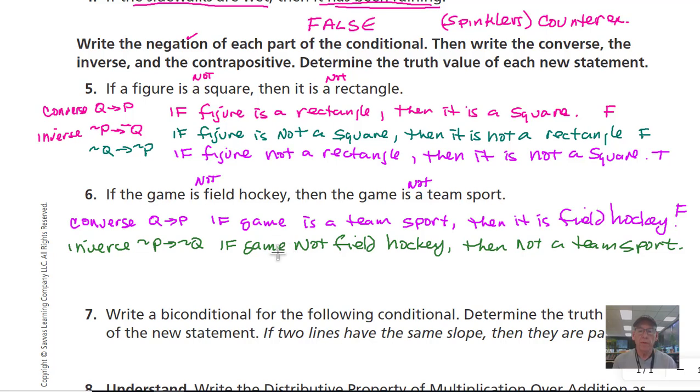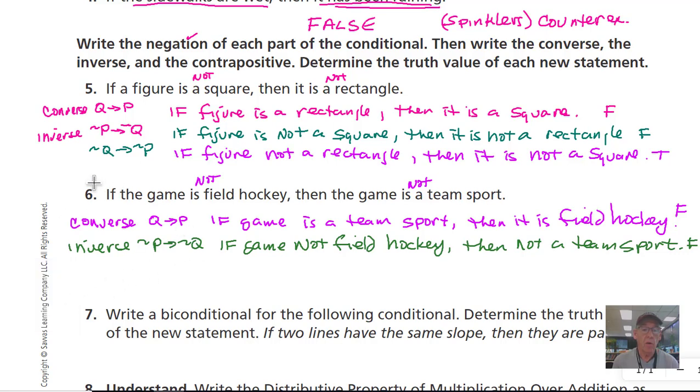Let's think about that. If the game's not field hockey, something that would be true would be football. If the game is football, that's not field hockey, but it is a team sport. That also means that I could say that's a false statement, because that would be a counterexample.